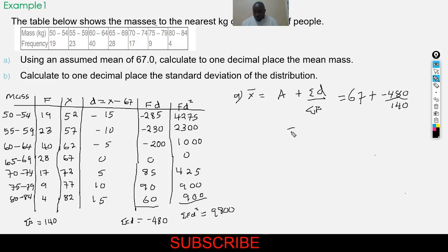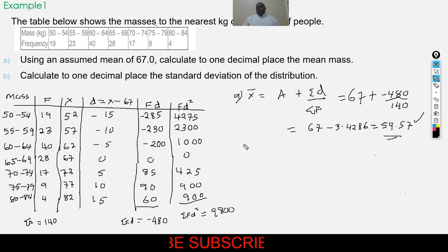So this gives you 67 minus 3.4286. If you subtract, you find your mean to be 59.57. 59.57 to four significant figures. So that becomes the mean.